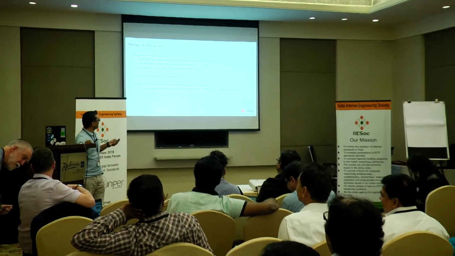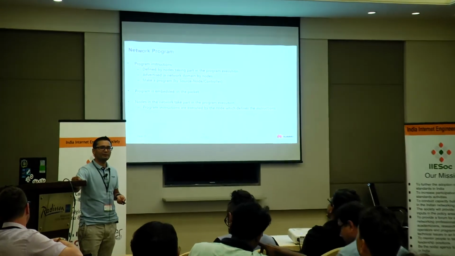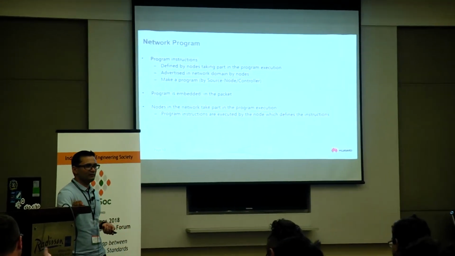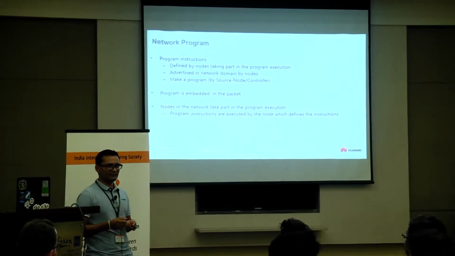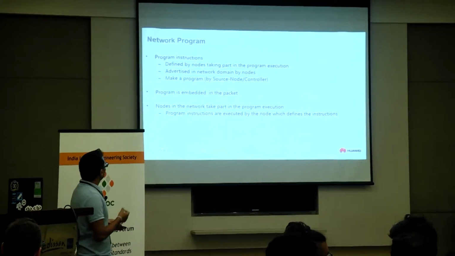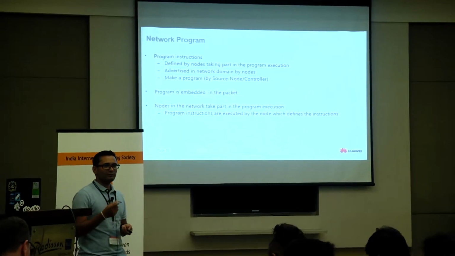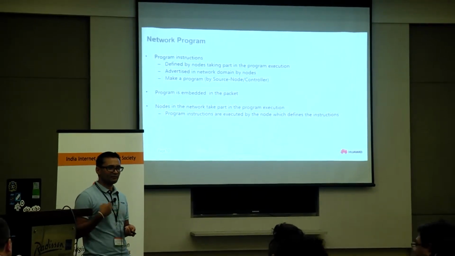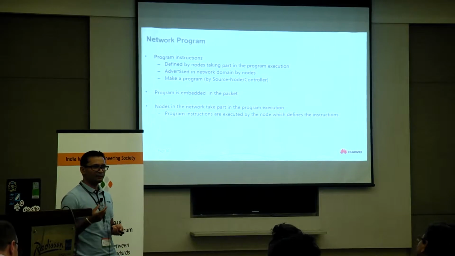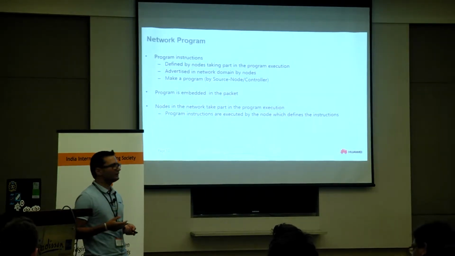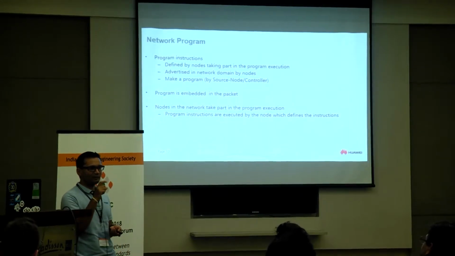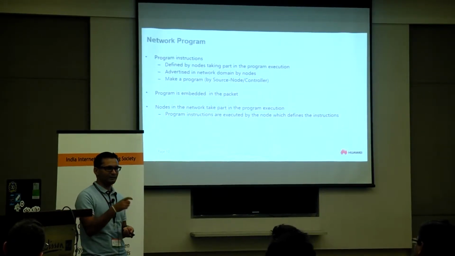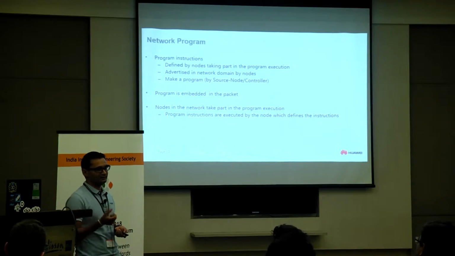Okay, now with the programmability aspect, see the program is nothing but a set of instructions, right? So how the program instruction is defined, and it is a network, so it has to be advertised across, and finally the program has to be constituted out of these segments or instructions.